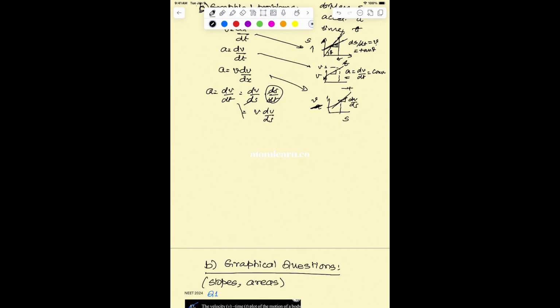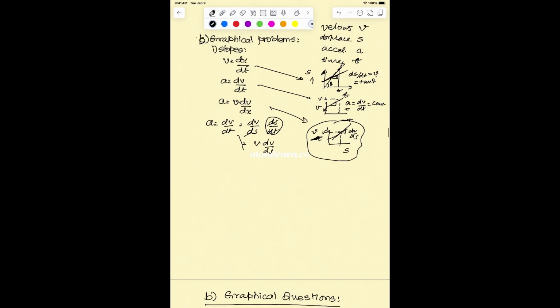Therefore, instantaneous acceleration is given by v into dv by ds. So a question may be asked based on the graphs given, making you use the slope definitions as well as the slopes which you can make out from the geometry of the graph. This is based on the slopes.